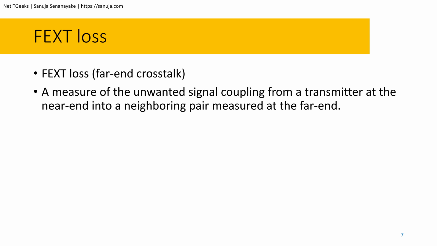Extreme temperatures, on the other hand, can also have an effect on the cable impedance and contribute to FEXT loss. So you need to understand in depth how these things impact FEXT loss and how they interact with this type of loss for your exams and labs.